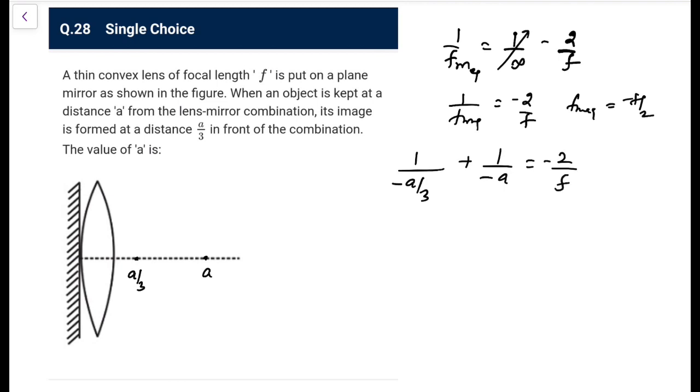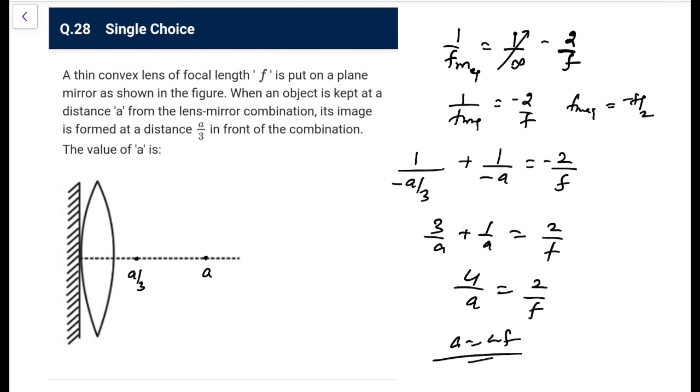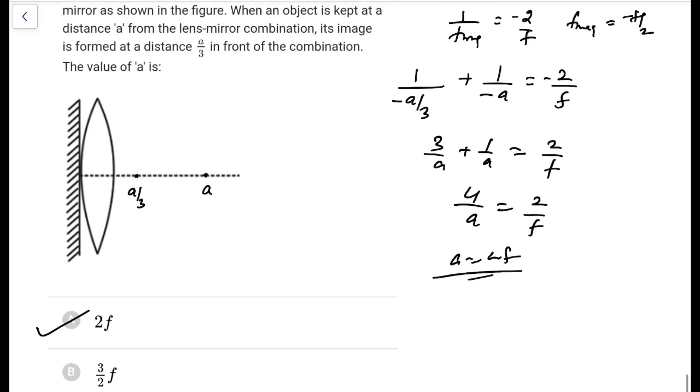That is what we are getting. Everything is negative, so cut it off. 3 by a plus 1 by a is 2 by f, so 4 by a is equal to 2 by f, so a is equal to 2f. Go with option 2f. That's the answer that you will get here.